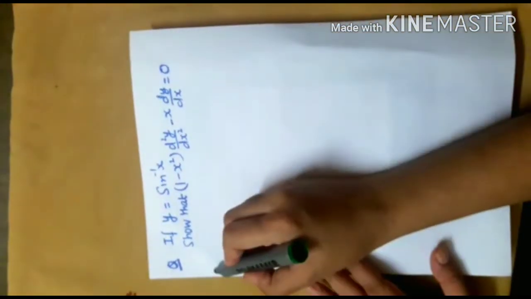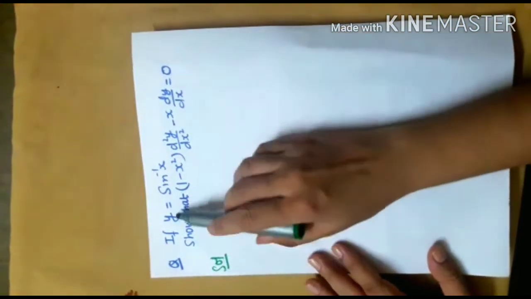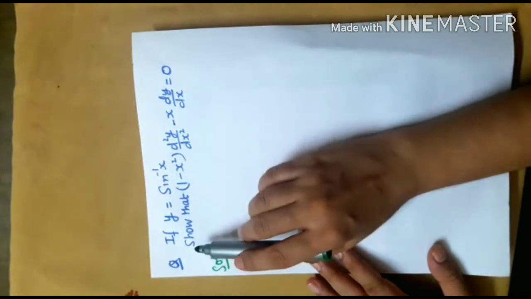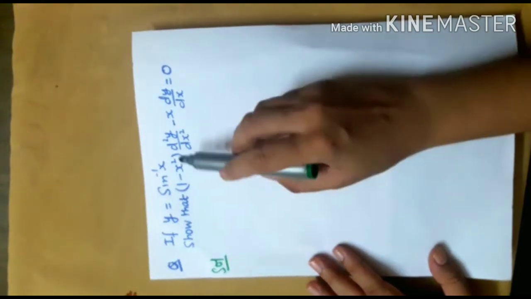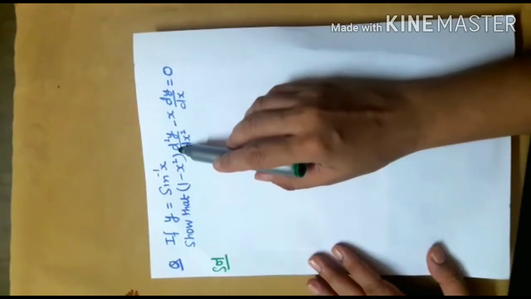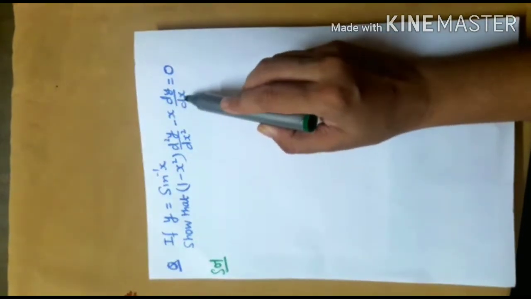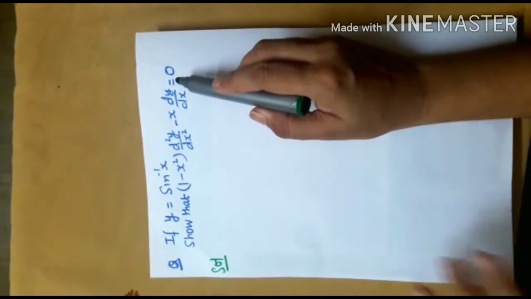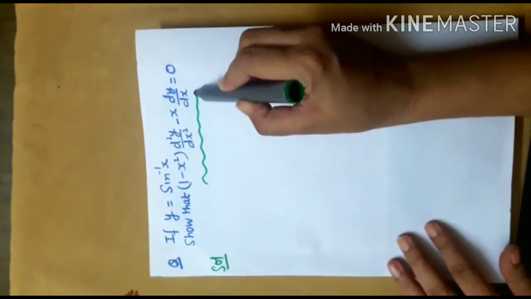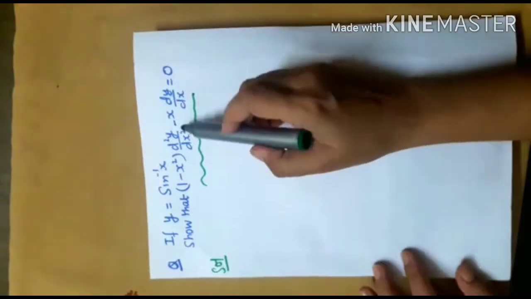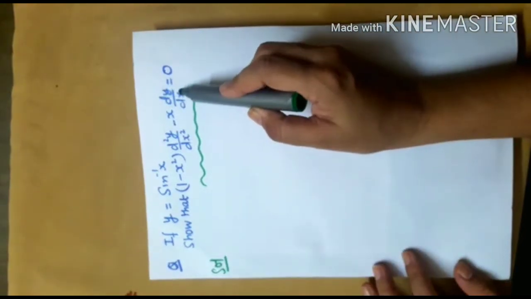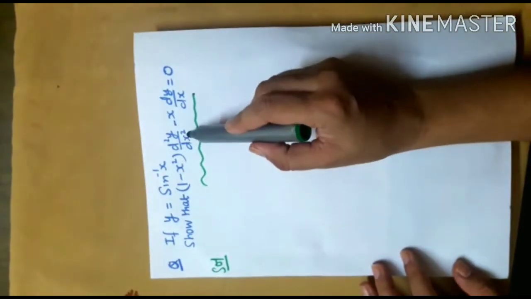Let's take another question. If y is equal to sin inverse x, then show that 1 minus x square into d square y by dx square minus x dy by dx is equal to 0. We have to prove this relation, right? So here you can see I want dy by dx and d square y by dx square.